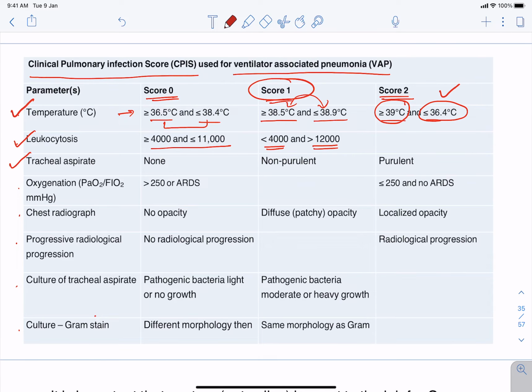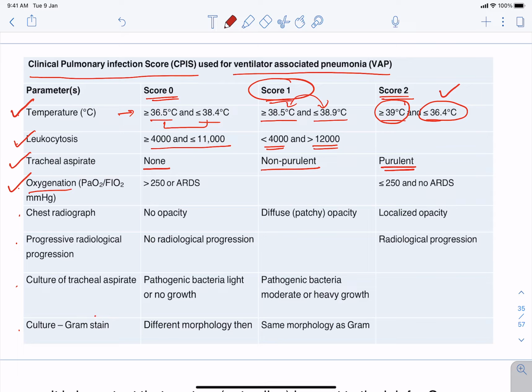Then you have the tracheal aspirate: none is score 0. Obviously, no tracheal aspirate is score 0. If it is non purulent, score 1. If it is purulent, then it is termed as what? Score 2.